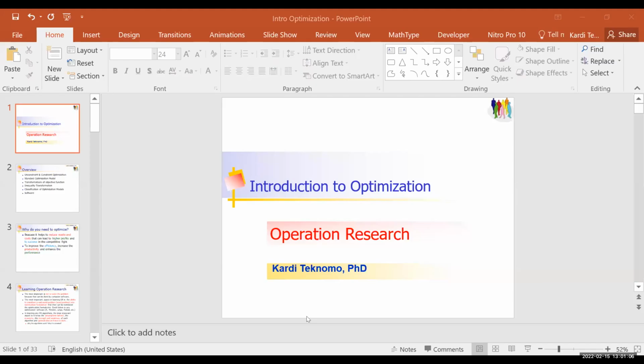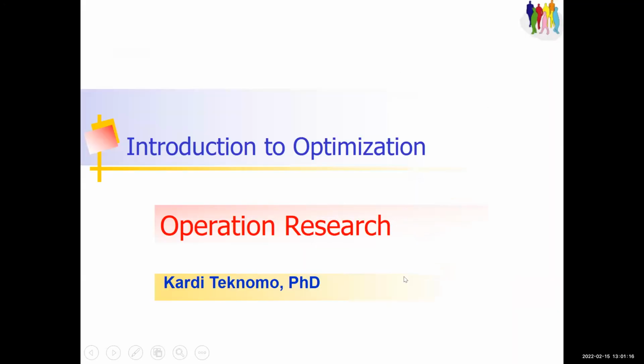Okay, so we will discuss the next topic, which is introduction to optimization. You can follow the slides from Lentera. Again, this is still review. I think you have learned this, I hope, last semester, right?